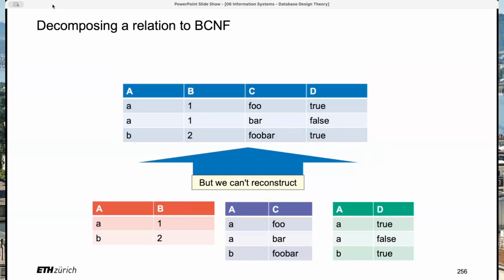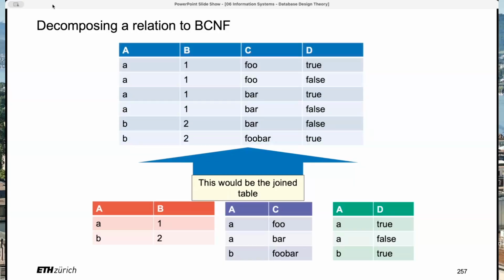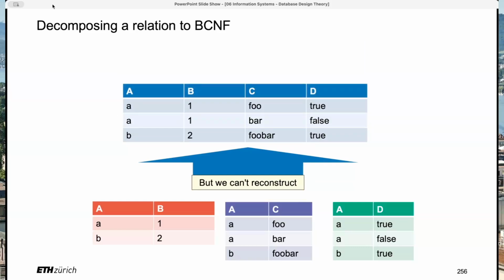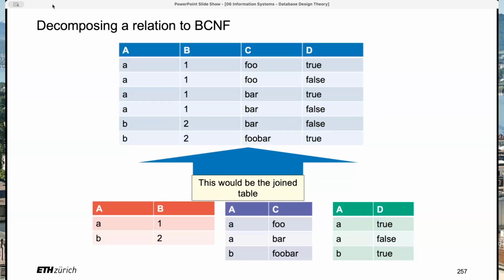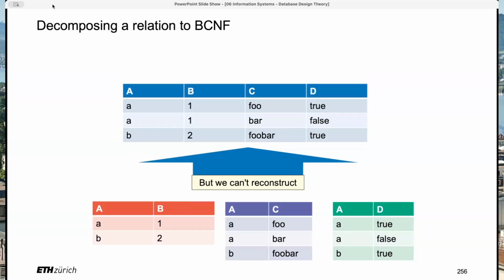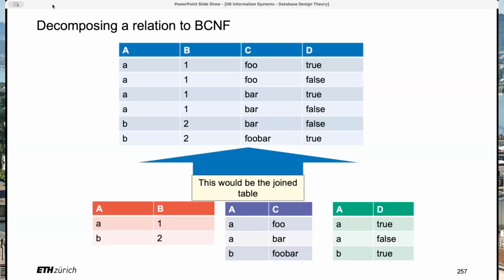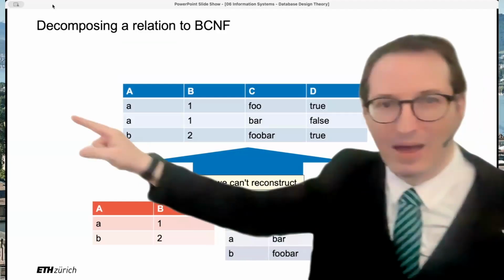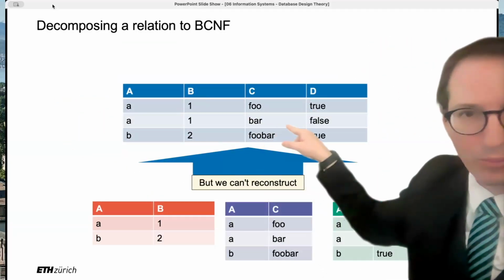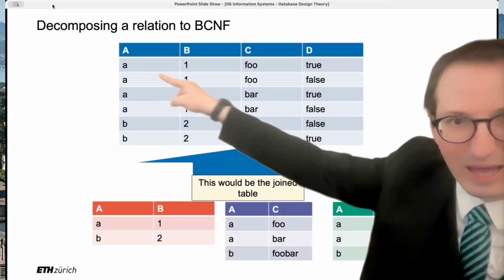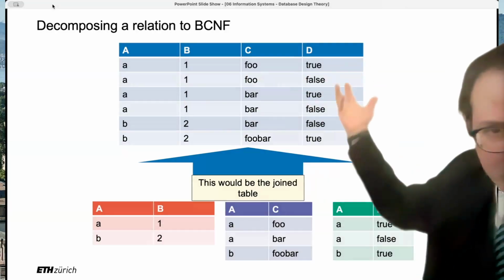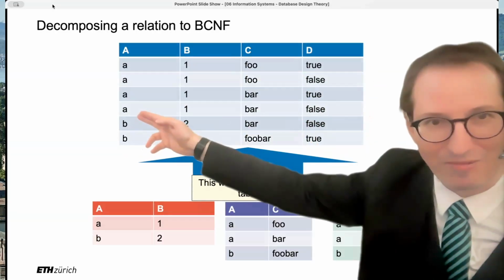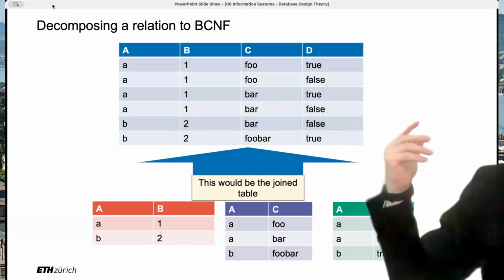Who agrees it's not the same? Right? It's not the same. So this is why we are saying it's bigger. It's always going to be bigger when it doesn't work. So we get back something that has tuples that shouldn't be there. These tuples have nothing to do here. For example, I have A1 foo true, A1 bar false, but now I have A1 foo false that appeared out of nowhere, and A1 bar true that appeared out of nowhere.